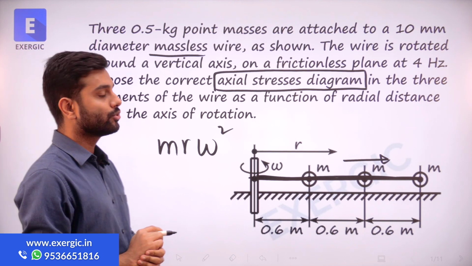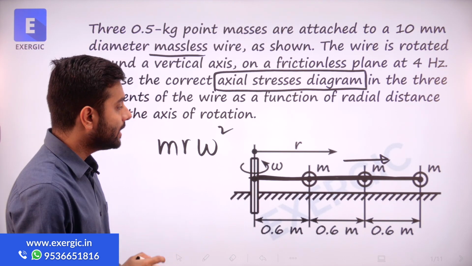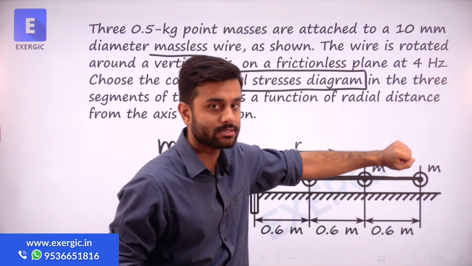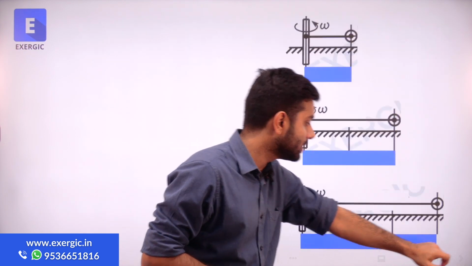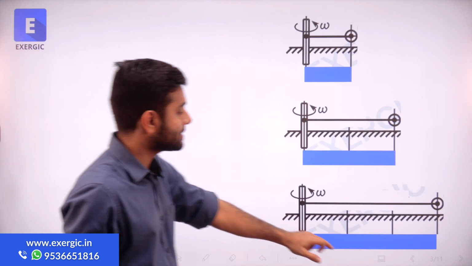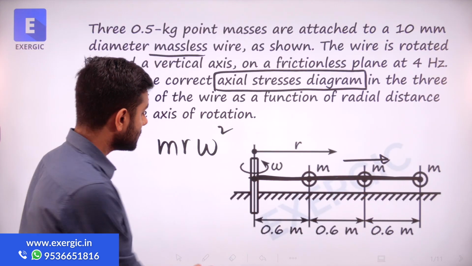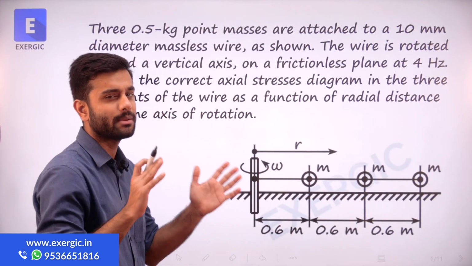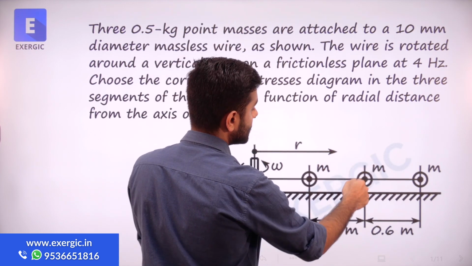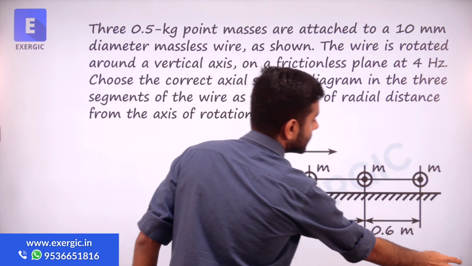So what we are going to do now, as I told you, is individually analyze the effect of each mass. If I show you these three individually, can you see? The three masses that we had here, I have just shown them separately. This mass in one diagram, this mass in the second diagram, that mass in the third diagram.